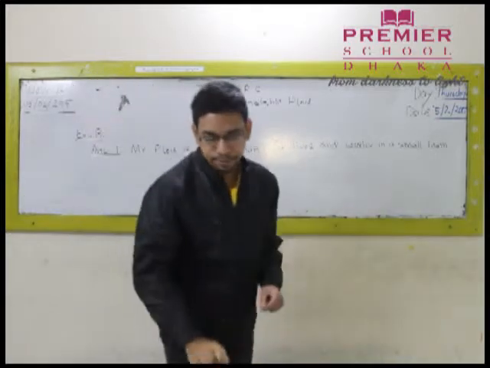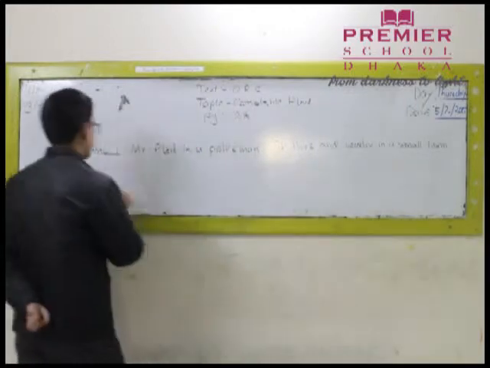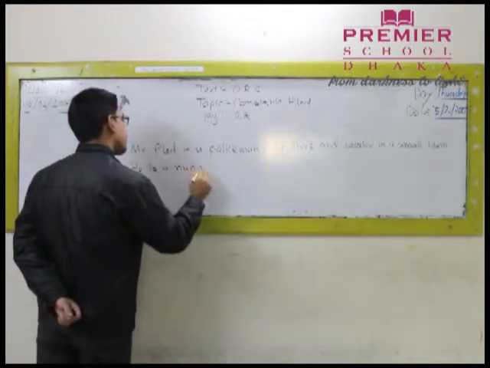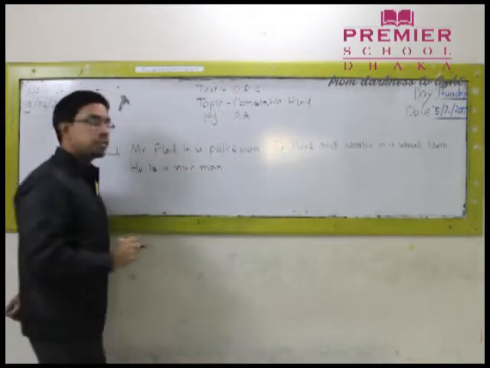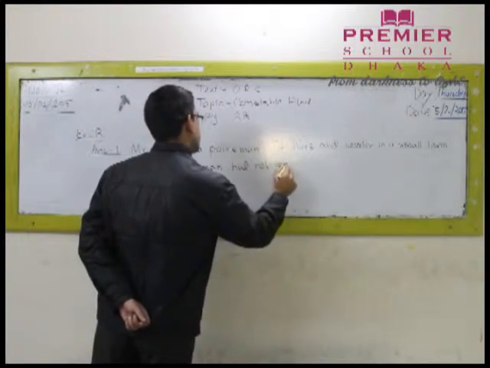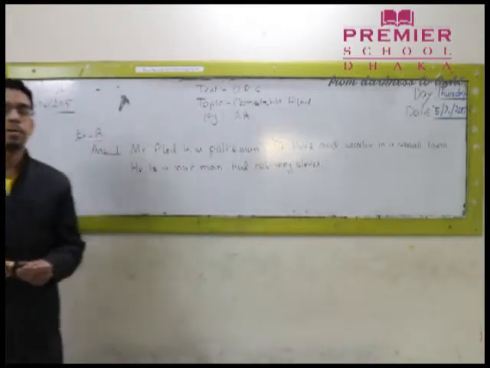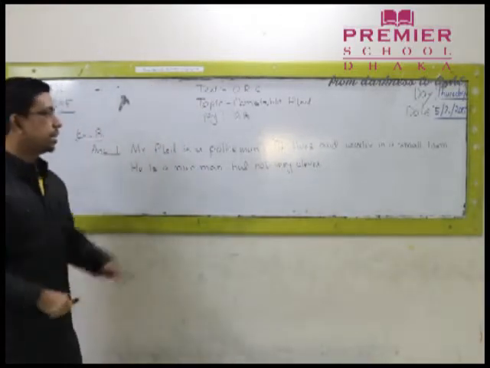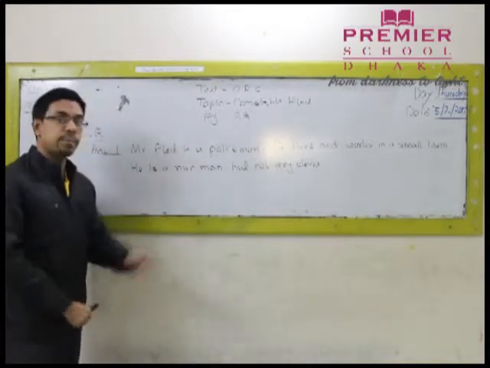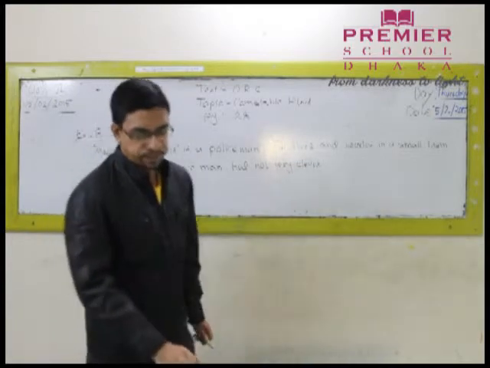How is he like? He's a nice man, but not very clever. That's the answer for question 1. He's a policeman, lives and works in a small town. He's a nice man, liked by everyone, but he's not very clever.